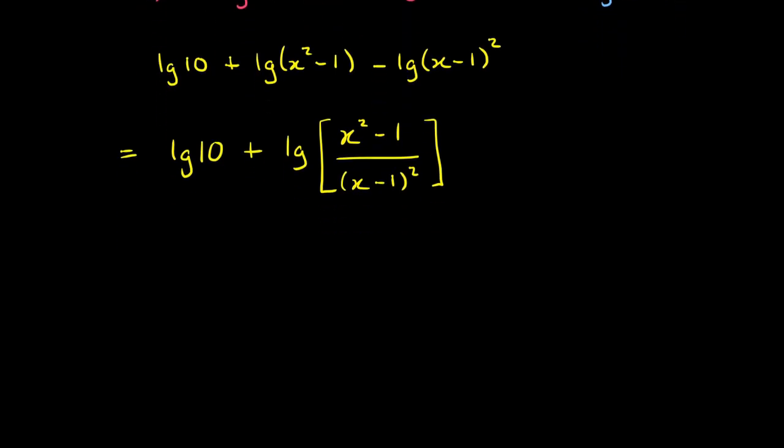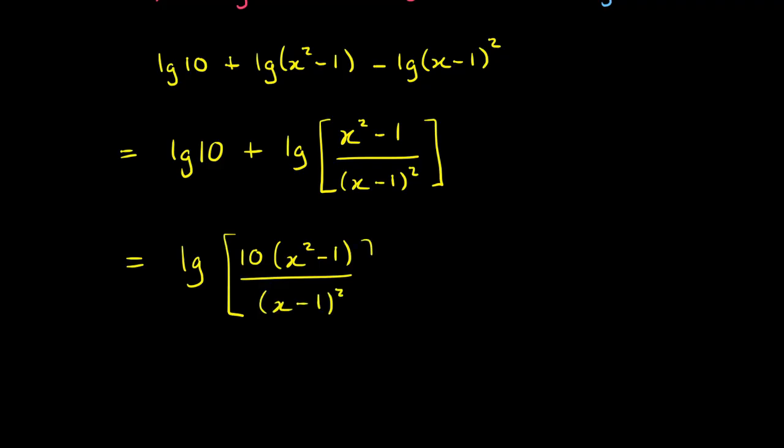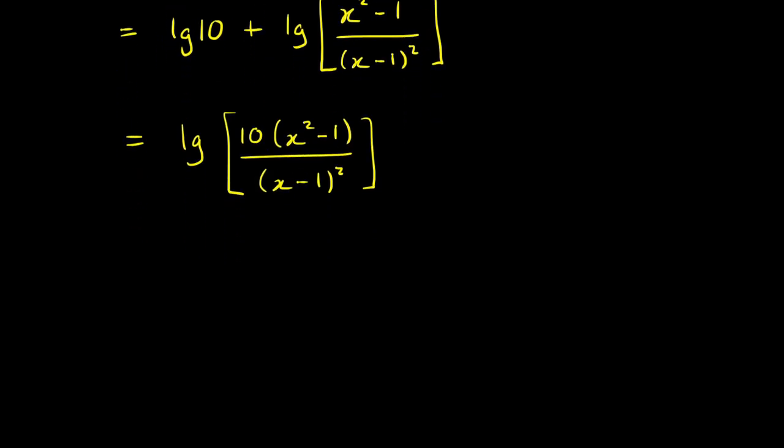And then I've got here the addition rule. So I've got log A plus log B. So I can write that as log A times by B. So this is going to be log, big bracket, 10 times by x squared minus 1 over x minus 1 all squared, like that. Now, for some of you, you may leave it like that, but we can simplify it.